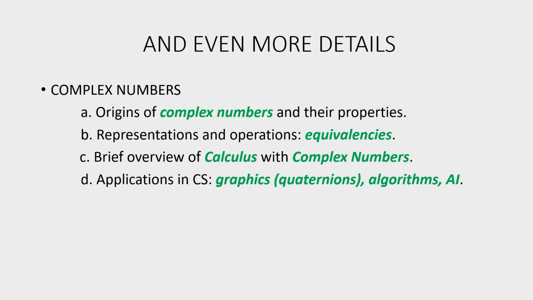There are three principal areas, I would say: in the realization of effective three-dimensional graphics operations through a device called quaternions, in algorithm analysis and in efficient algorithms, and in one area of artificial intelligence which you may not meet later on in the program, but it is quite an important application of the use of complex numbers, and that's a field called computational creativity.